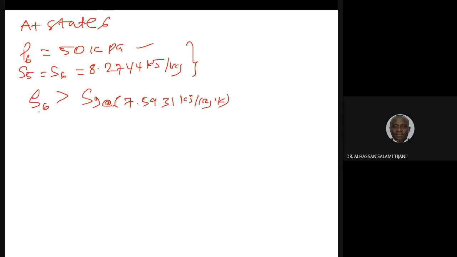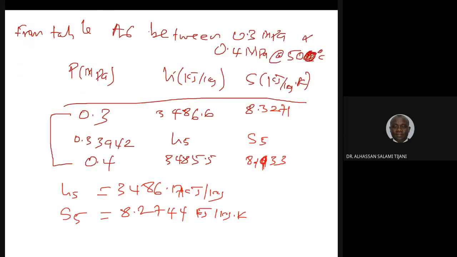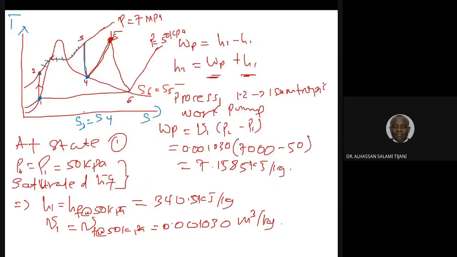This is Sg, and this is S6. So S6 is greater than Sg. You understand? So it means state 6 is in the superheated state. We need to draw this diagram again. It should not be on the saturated vapor state. It should be on the superheated state.